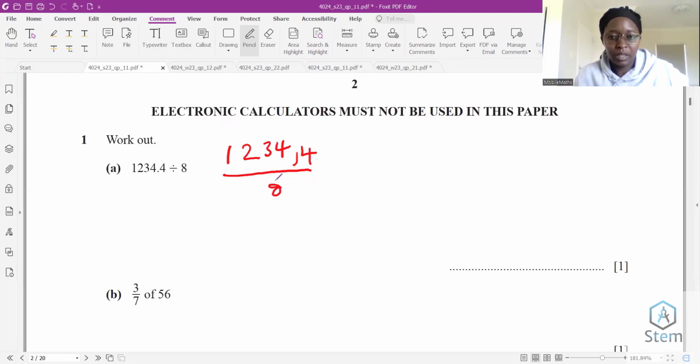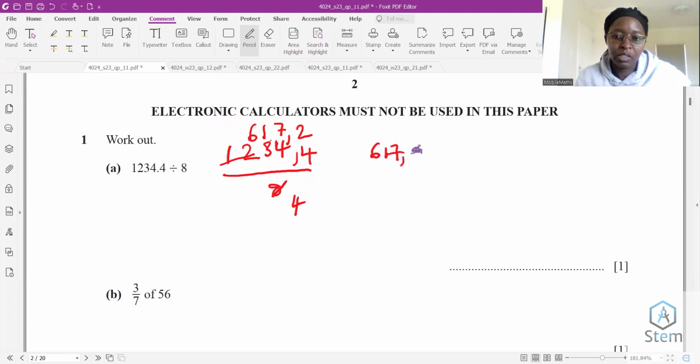So I can work by dividing by 4 or 2. Let's start with 2. So this becomes a 4, a 6, a 1, remainder 1 here, a 7, comma, a 2. So I now have 617.2 divided by 4.